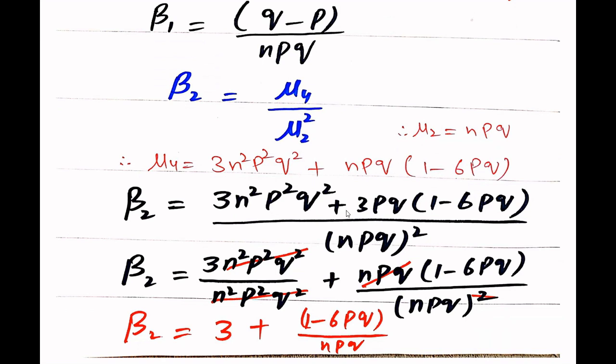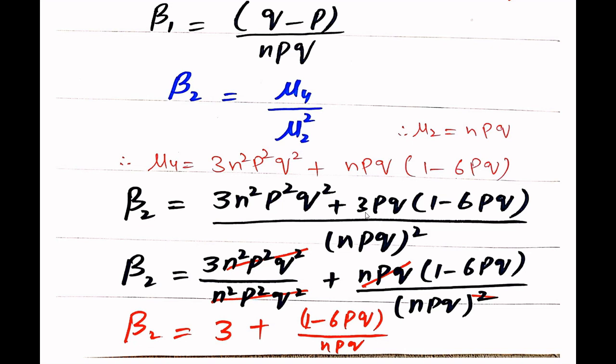We divide these two terms in parts: 3 n square p square q square over n square p square q square, plus. Here it is not 3, this is npq. We wrote 3 as this is the error; here it is npq, because this is npq.